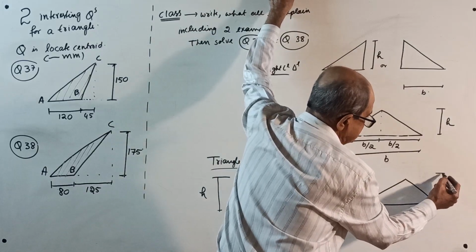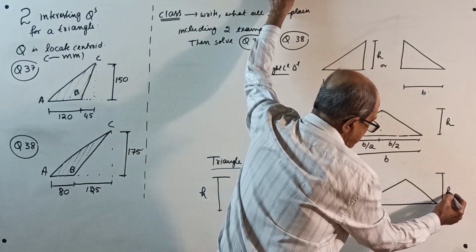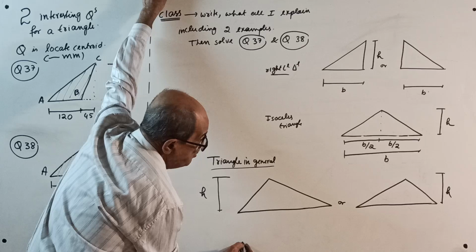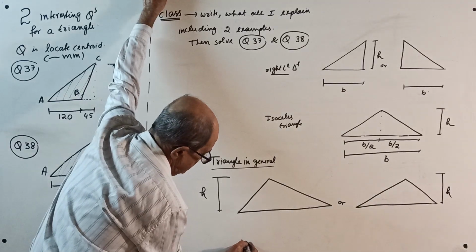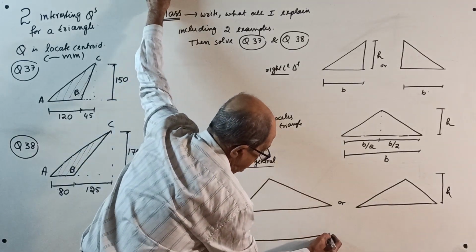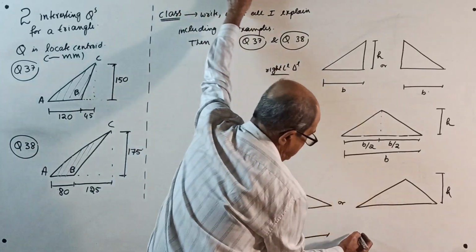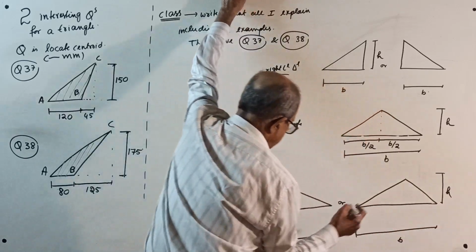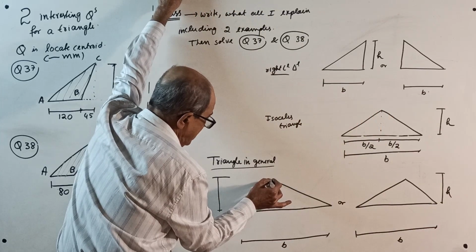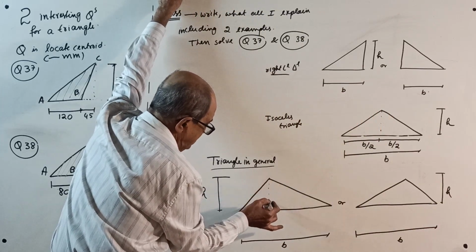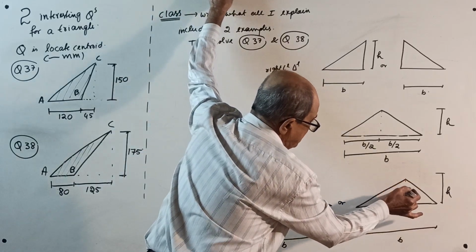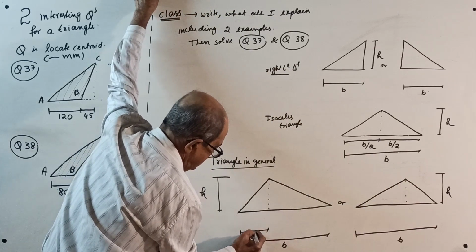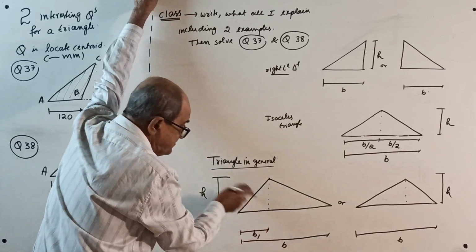I should check the camera once now. Height H. Then this is the base. Somewhere here I will mark the base, base B. Then further I told, if I project this vertex point here, or if I project here, this is B1, that is this side length.